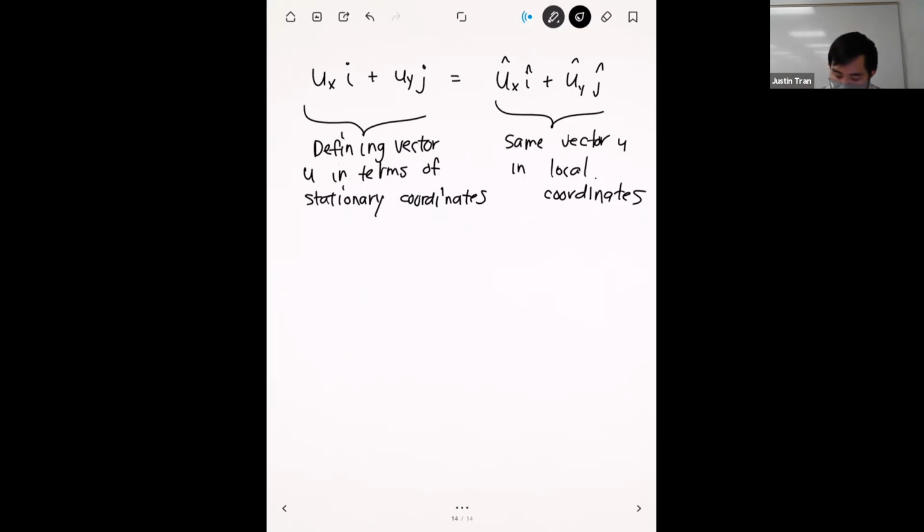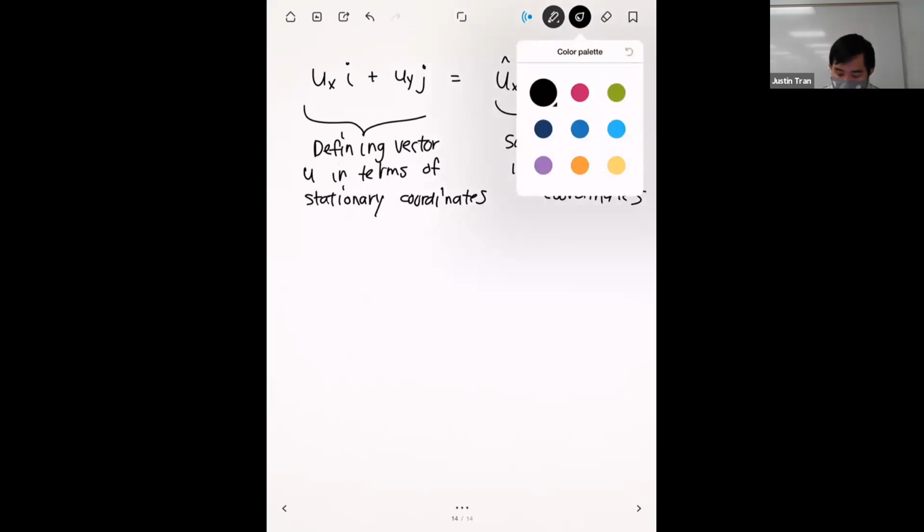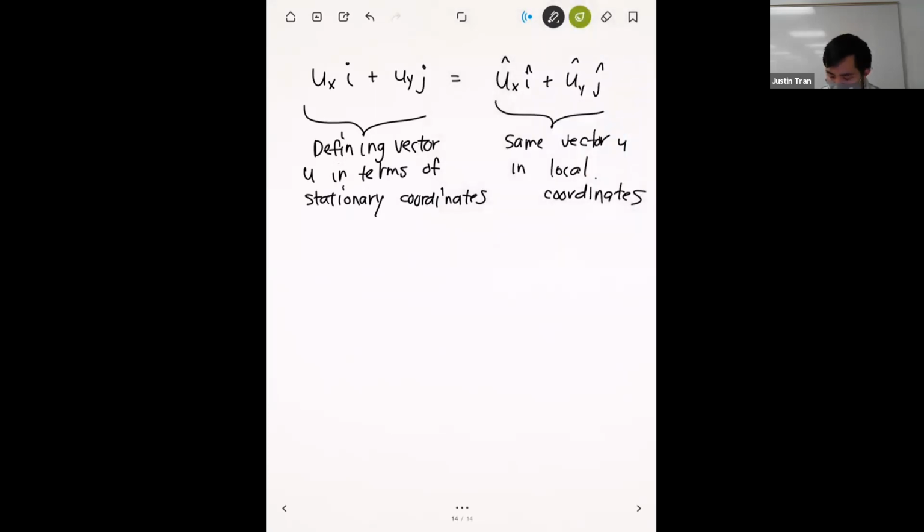And so what we ideally would want is, let's play with this expression a little bit. In particular, let's solve for expressions for the unit vectors in the stationary coordinates such that we can form this relationship.